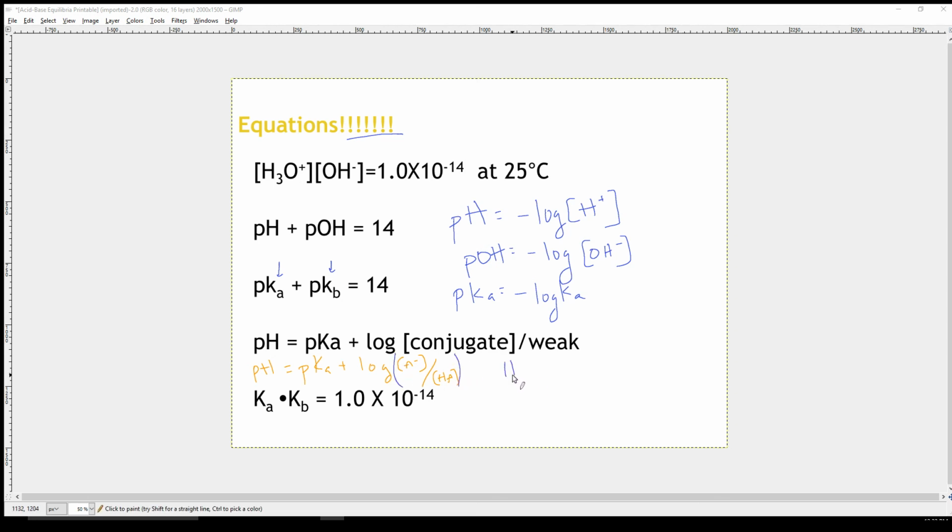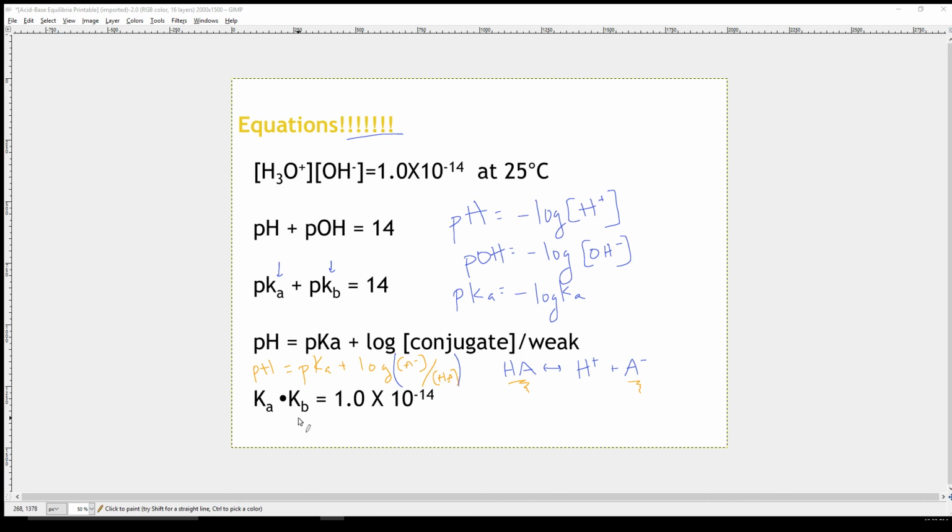So if you had HA reacts to form H plus plus A minus, you would take the concentration of your conjugate base over the concentration of your acid inside of the log. Another useful thing to know.